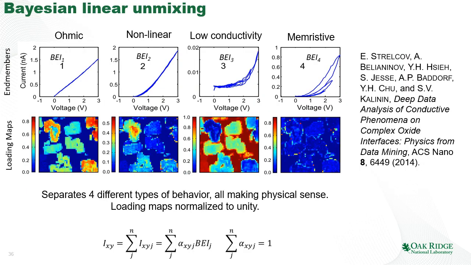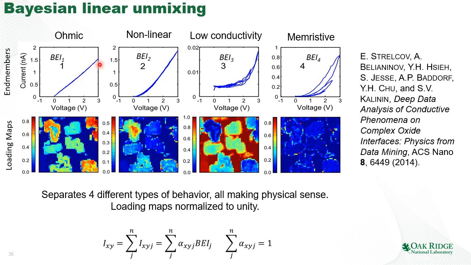What's in there? And it turns out that the Bayesian linear unmixing is the ideal method to study this material system. So if we explore the statistical behavior of our data set, we can show that the data variation here can be represented exactly as four components.